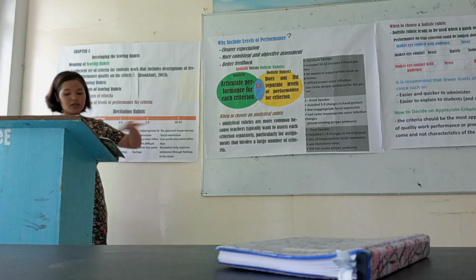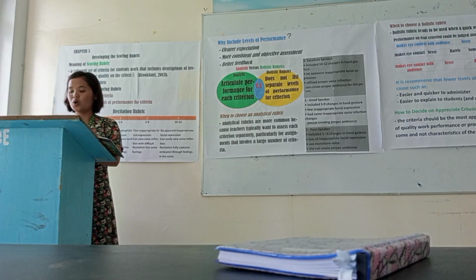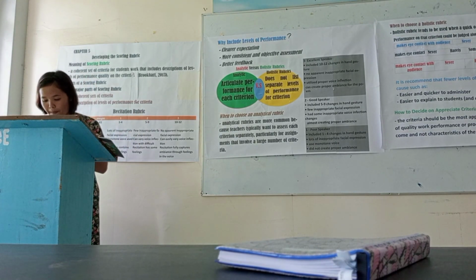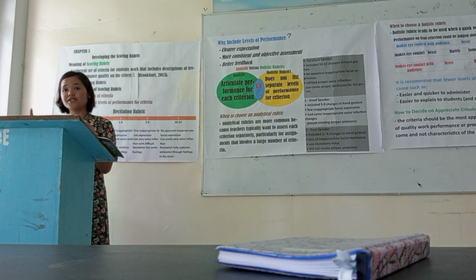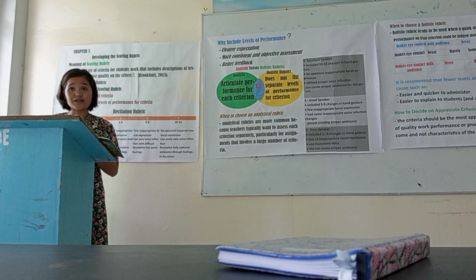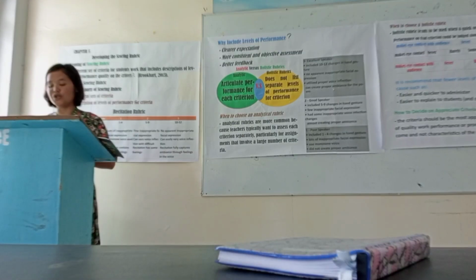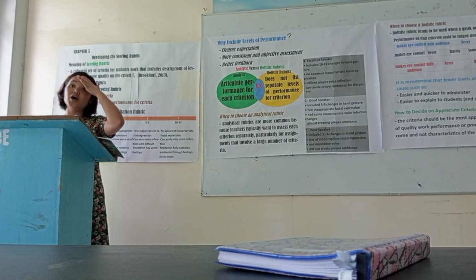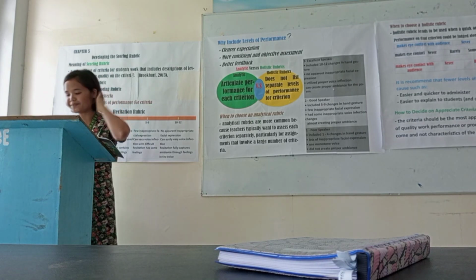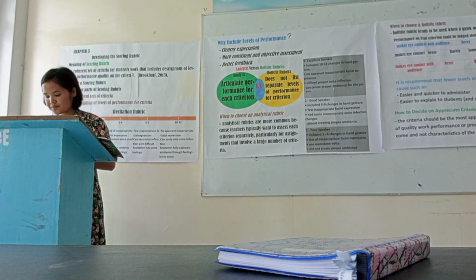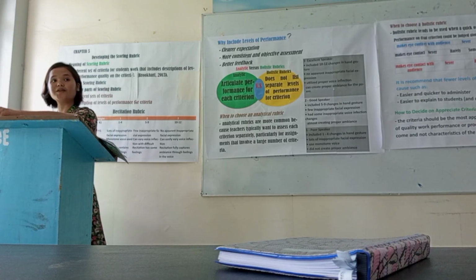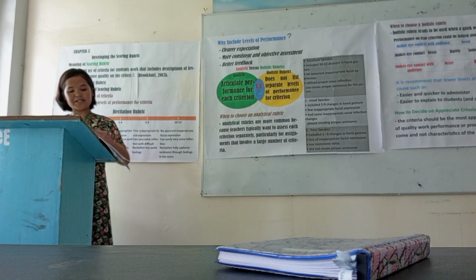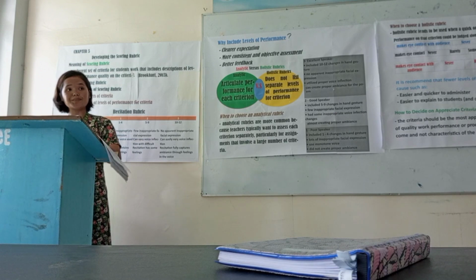Yung sa example nun is yung sabi natin kanina, yung below expectations, satisfactory, yun yung example, which is yun yung tinatawag natin na holistic. So, any question with regard to the process of scoring rubrics?